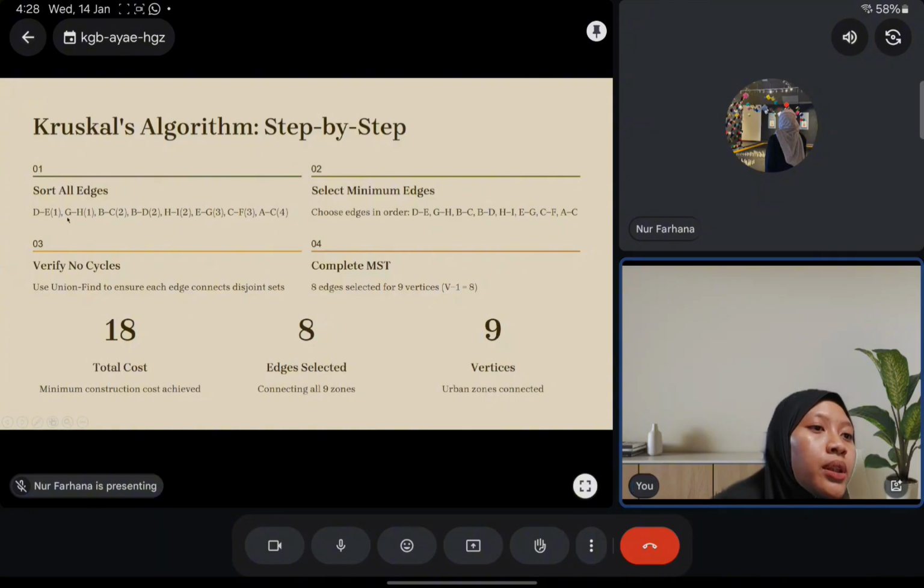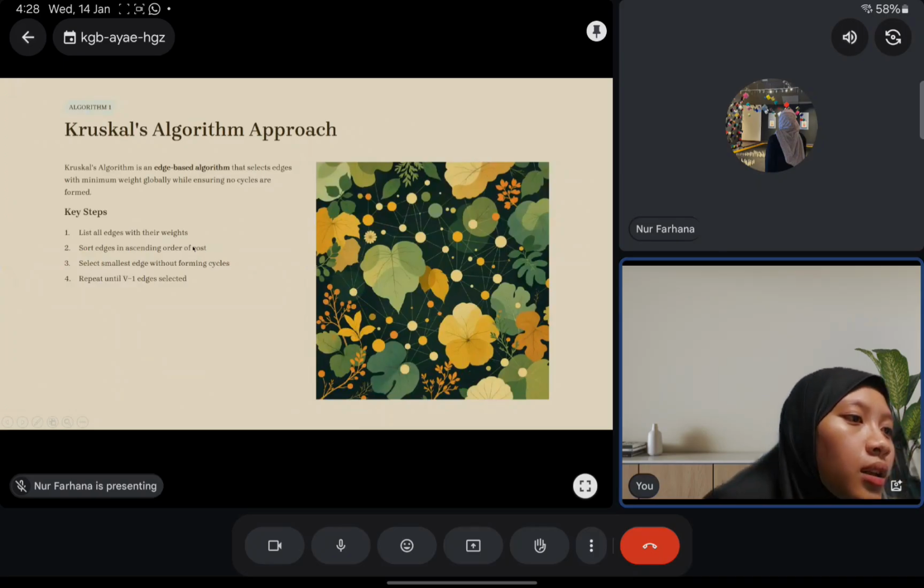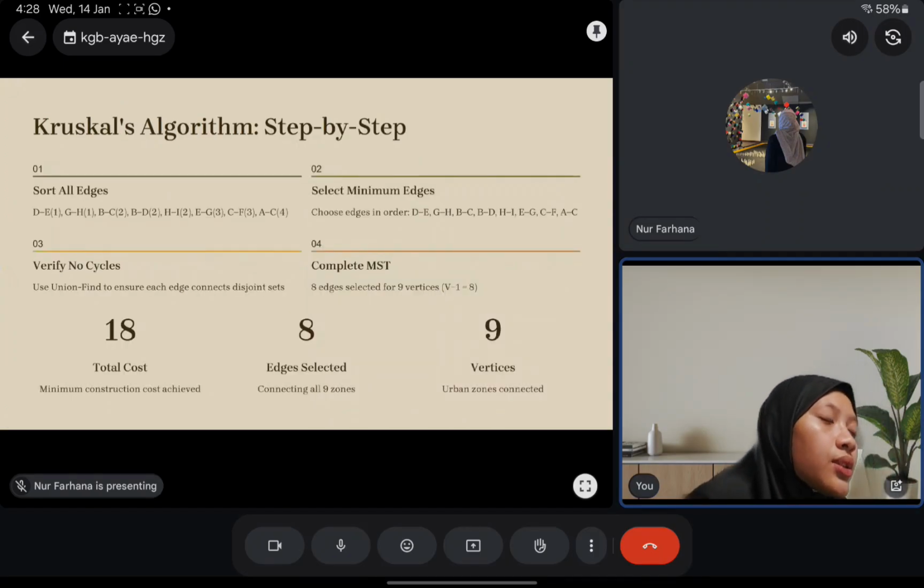We need to sort in ascending order of costs.